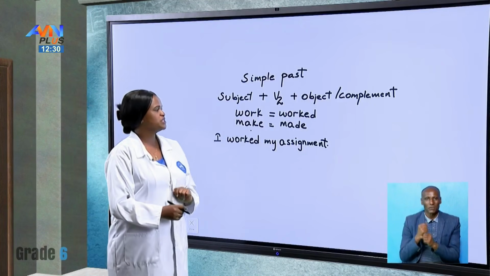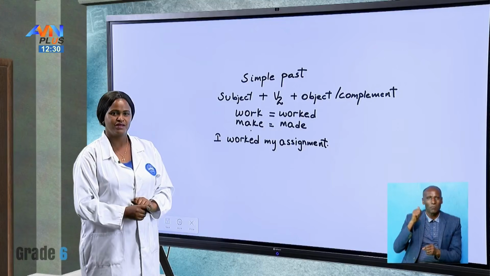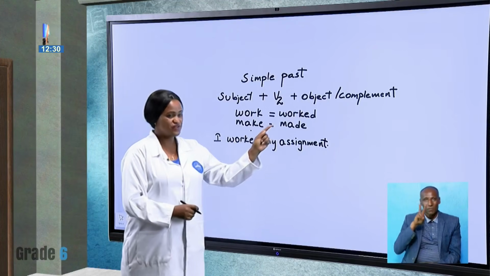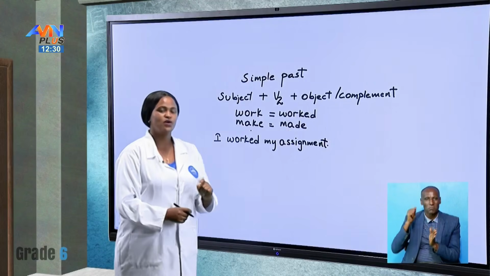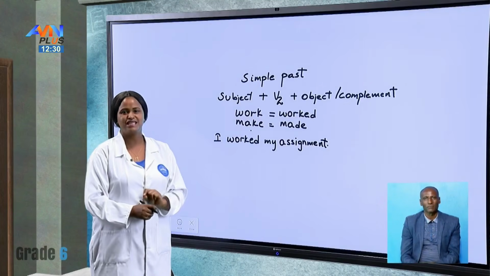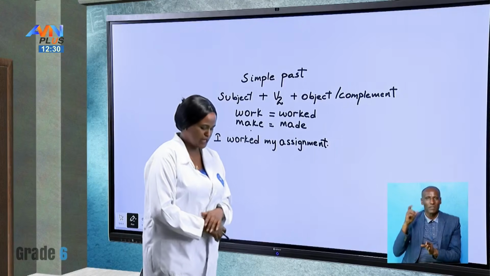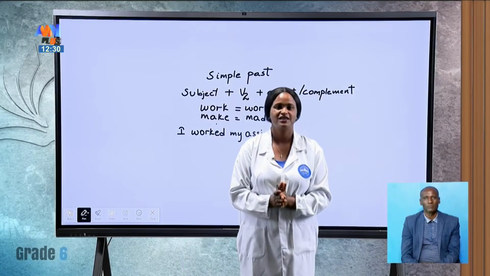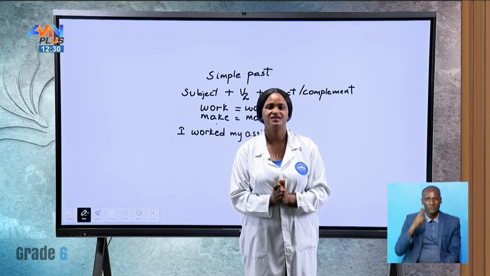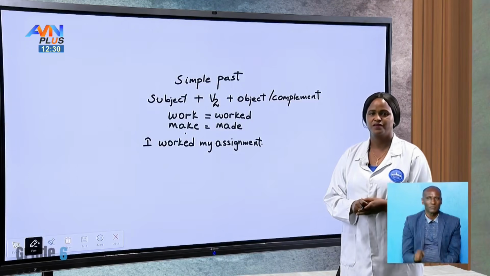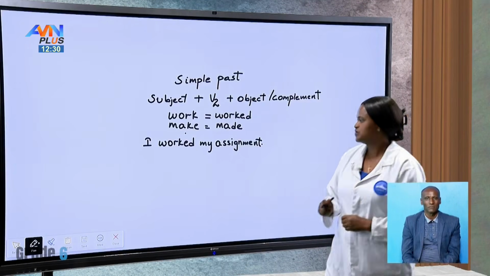How about the word make? You said the verb two form of make is made, right? So, let's make one sentence using that word. Anyone? Use the word made. Yes, very good.